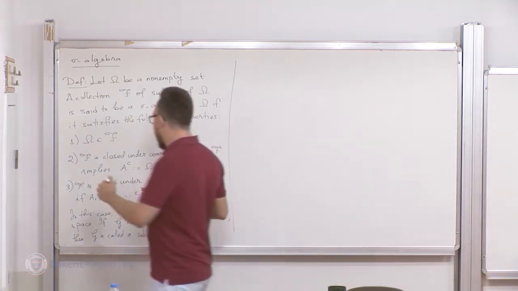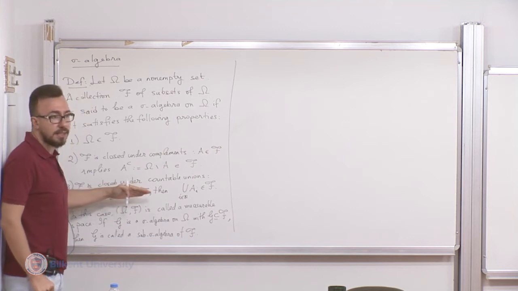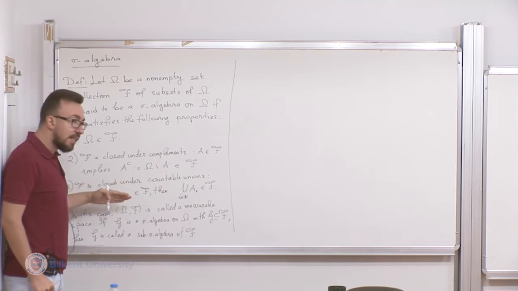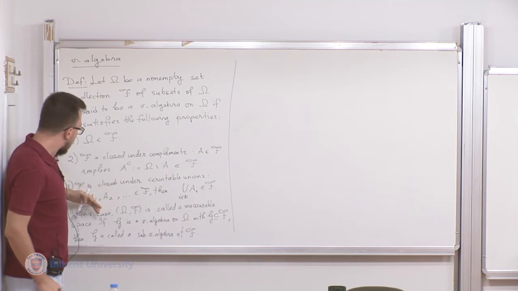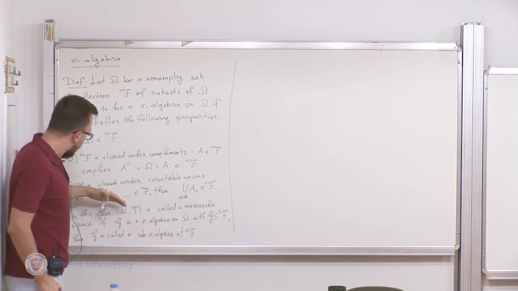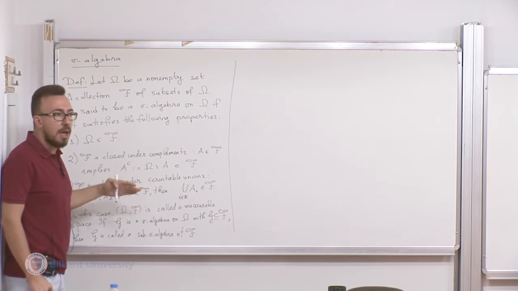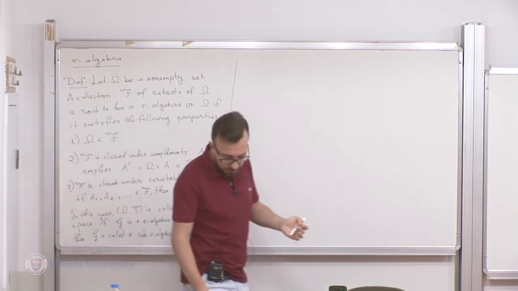For instance, here I list countably many events, infinitely many events. But what if I have only finitely many events? What if I stop at number 5? Using just those 3 properties, can I still say that A1 union A2 union A3 is an element of F? Well, the answer should be yes, so we have to prove it. Okay?